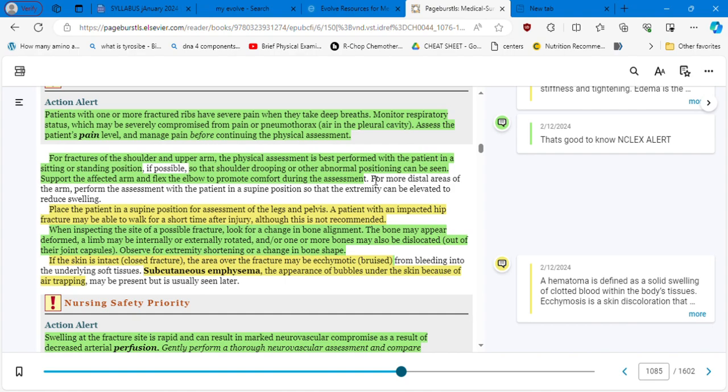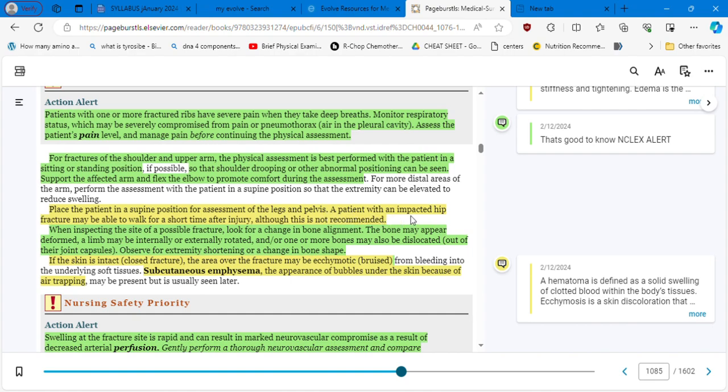But in this case, you have to be very delicate, right? And support the affected arm and flex the elbow to promote comfort during the assessment. Place the patient in a supine position for assessment of the legs and pelvis. We are going to another area right now.